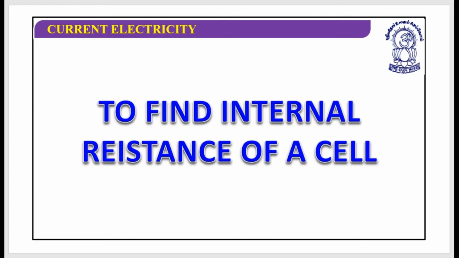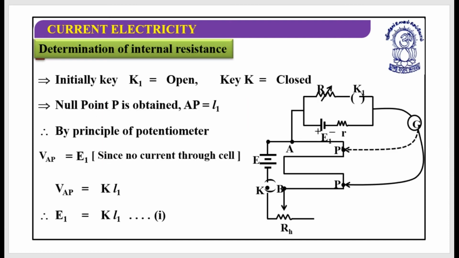Great. Now let's look at the second application of the potentiometer wire: to find the internal resistance of a cell. This is very important, because we know the EMF of the second cell, and now we are working to find out the internal resistance of a cell. Let's have a look. This is our master circuit.